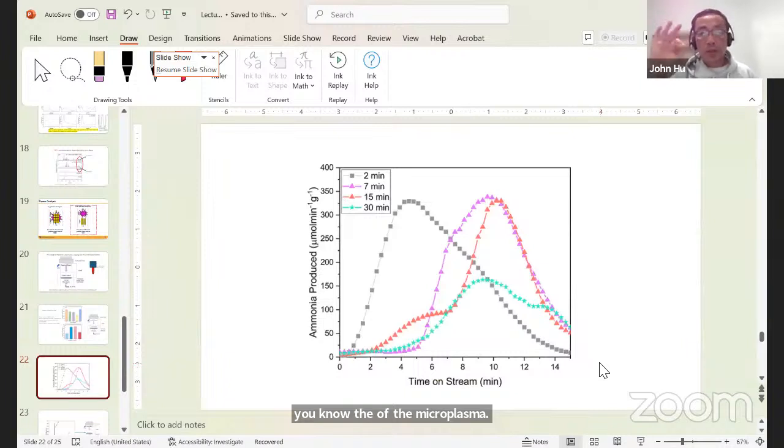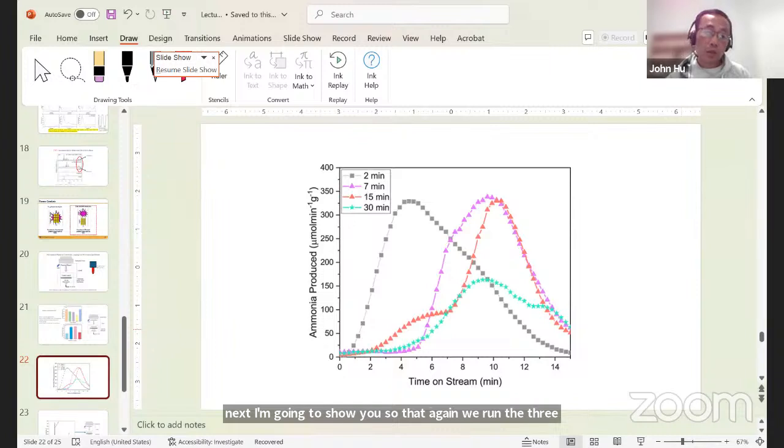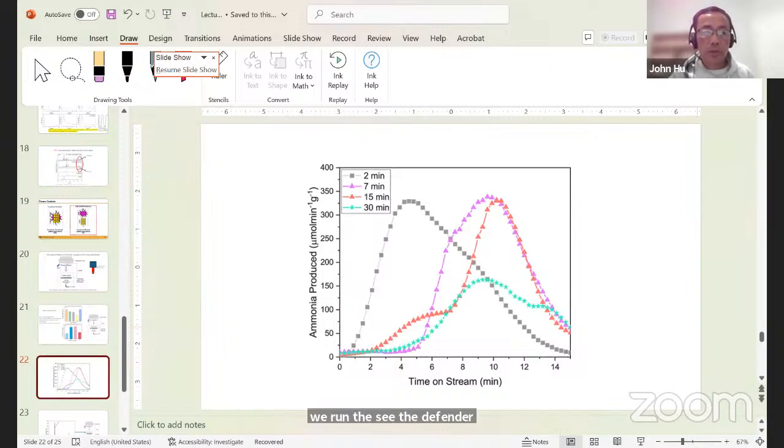So we run the three different scenarios: 2 minutes, 7 minutes. Hold on, I'm a little confused about this one. What's 2 minutes?